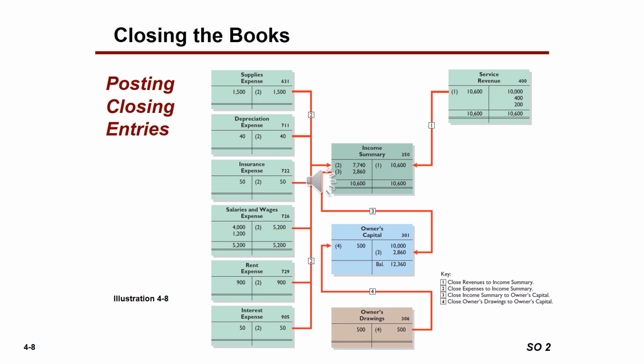And finally, taken out of that growth of the business is going to be the amounts that the owner has taken out of the business. So now here we can close the owner's drawings account directly to the debit side of the owner's capital, thus bringing down the total of the owner's capital a little bit by the same amount that the owner has taken out of the business, right?